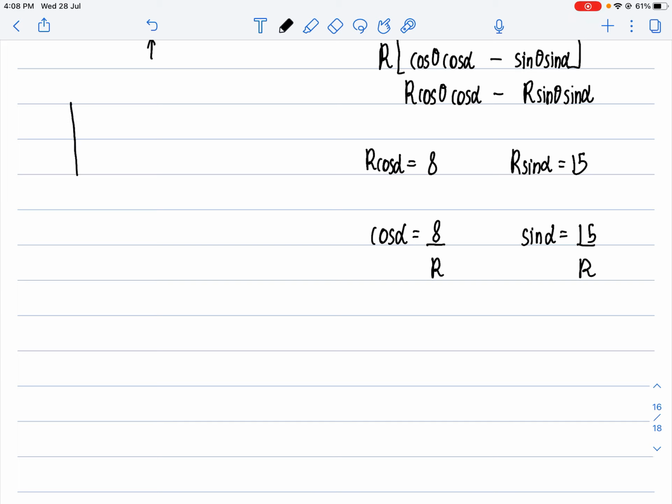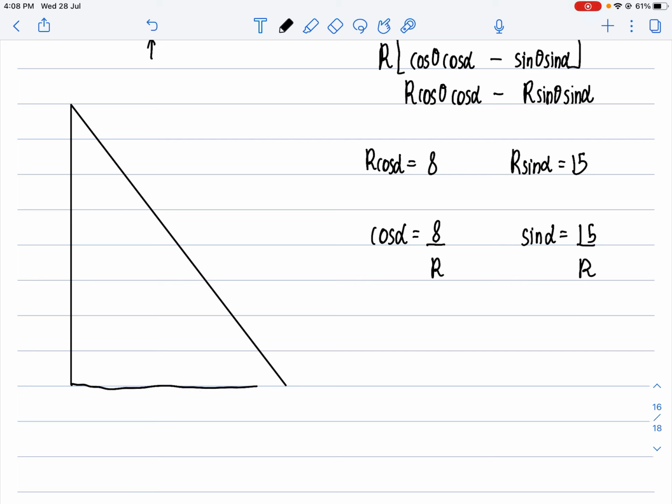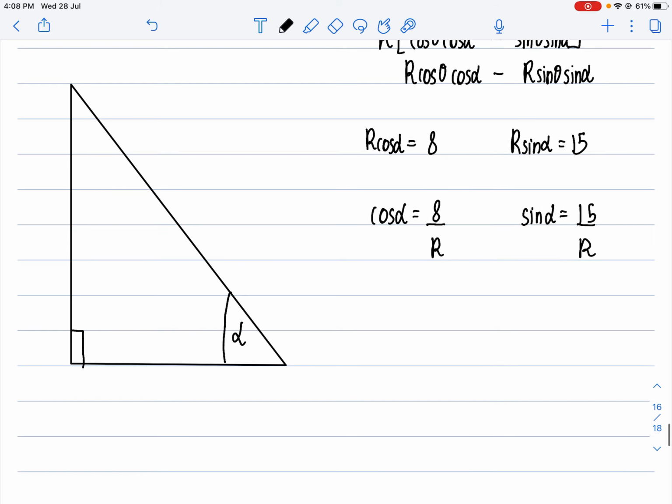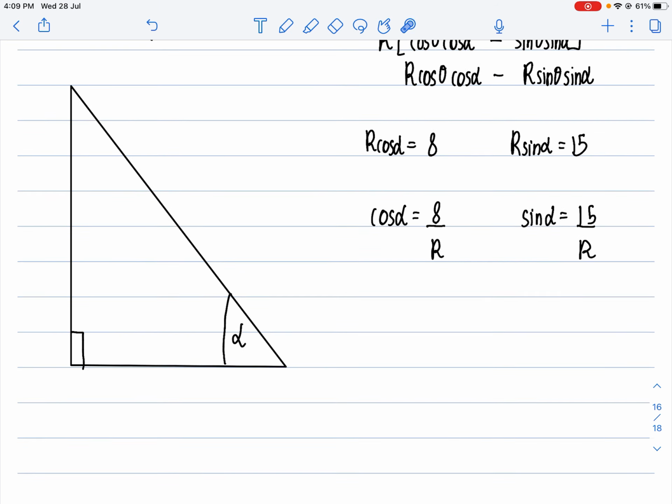So now I can make my right angle triangle here, correct? I get something like this, and this is a right angle triangle. I have alpha here, correct? So now I have cos alpha. Cos is adjacent over hypotenuse.